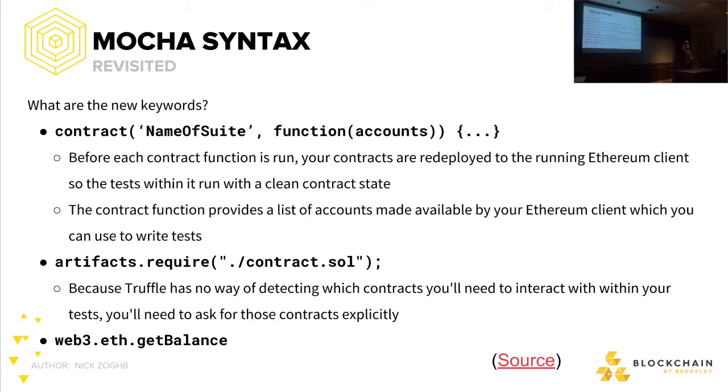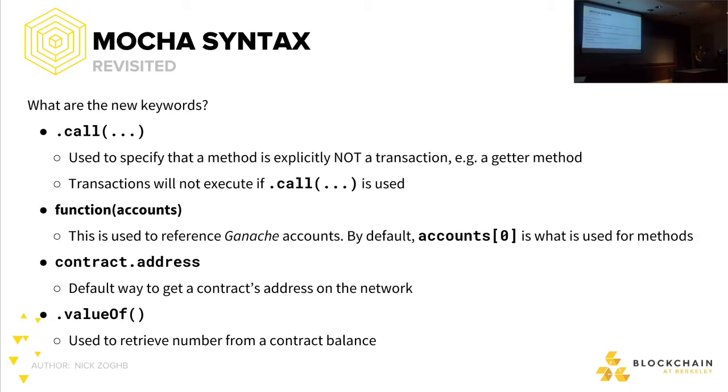And then .call is an interesting syntax that you use for non-transactions, so things that you want to test that don't actually change the state of your contracts. So if you ever use .call, and then you test for a certain change, you'll probably be wondering, why are my tests failing?